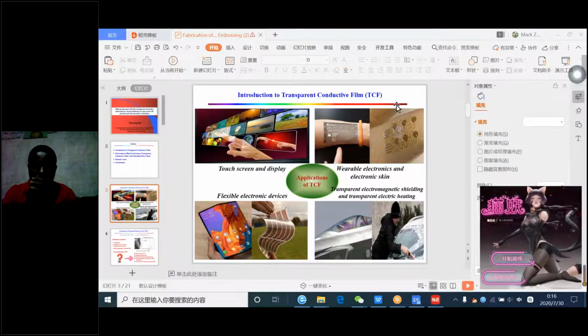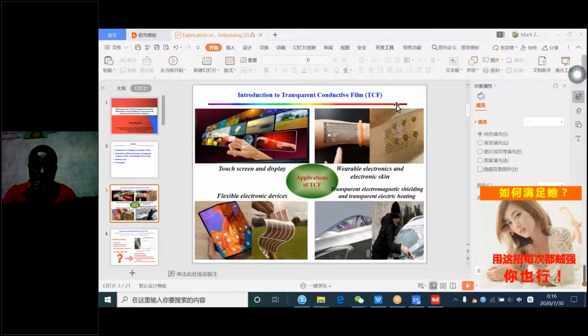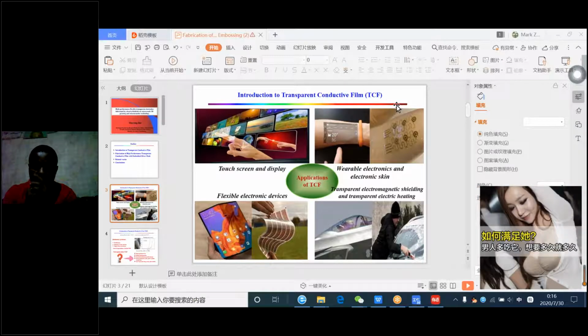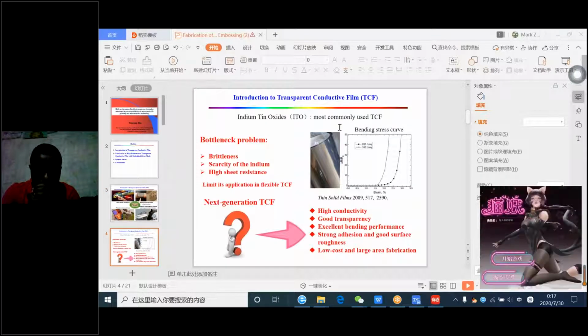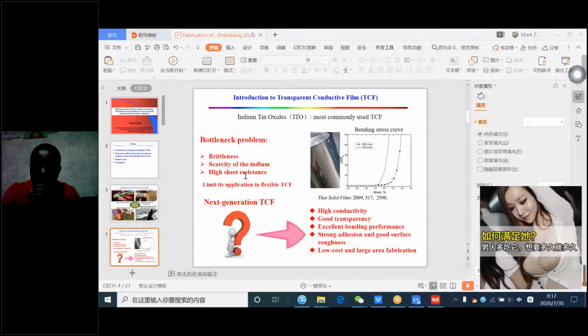Because TCF is widely used in various fields, the performance of TCF needs to be improved to fulfill the needs of higher applications. So far, indium tin oxide, shortened as ITO, has been the most commonly used TCF, but there are still some bottleneck problems for ITO, such as brittleness, scarcity of indium, high heat resistance.